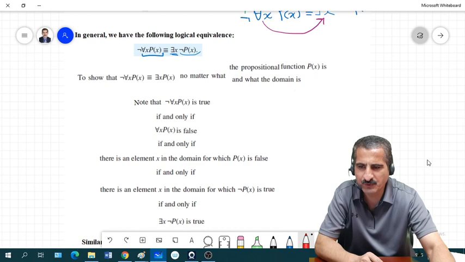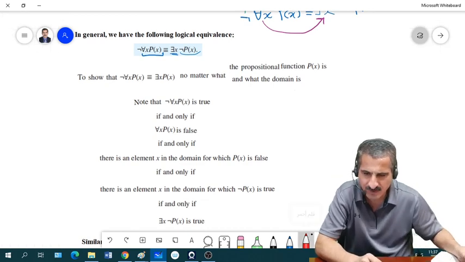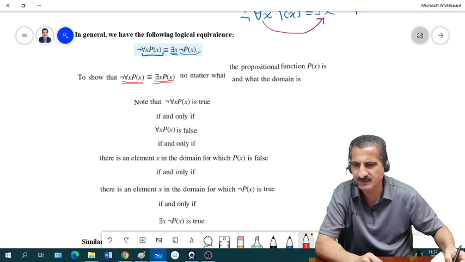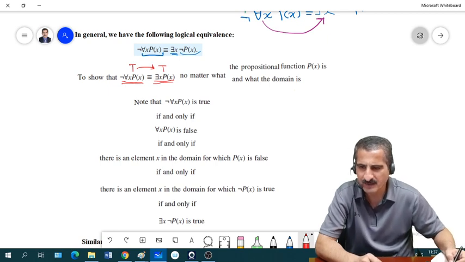Now to prove what we got here, we want to show this is equivalent to that. Okay, let's start. We assume this is true and show this is true. If all of that is true, it consists of two parts: negation of something, which I want to be true.